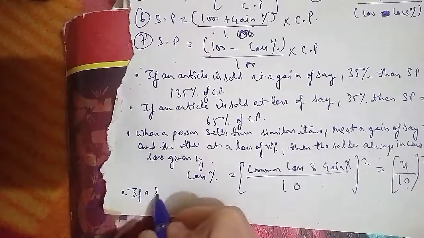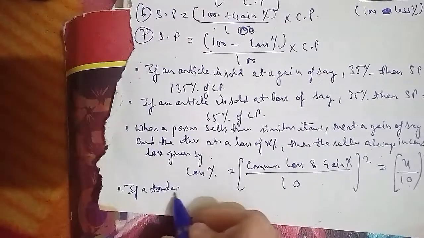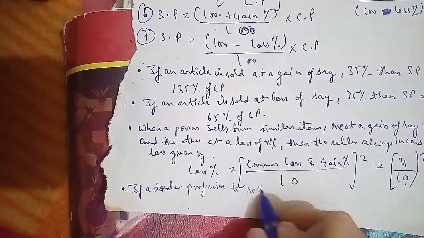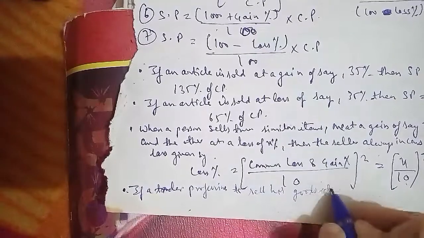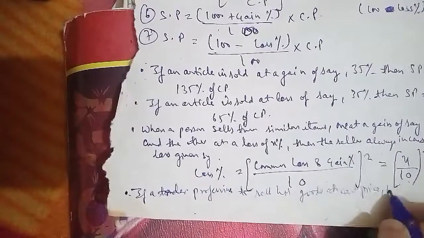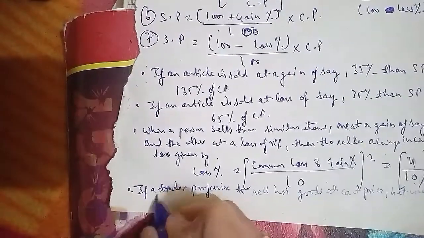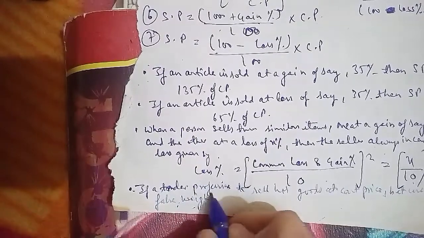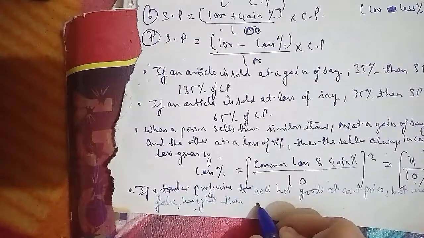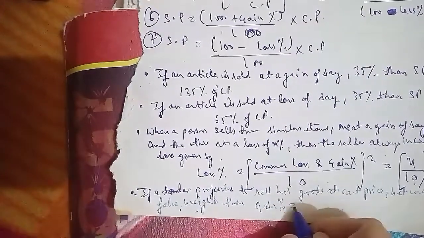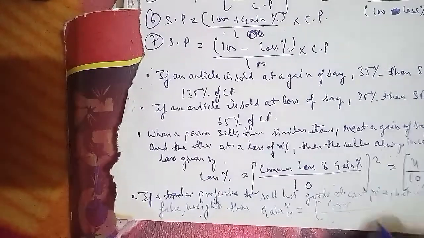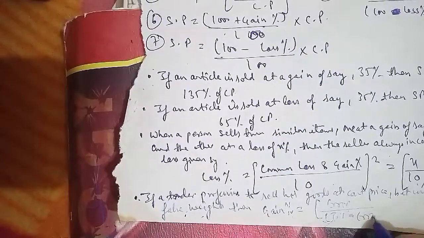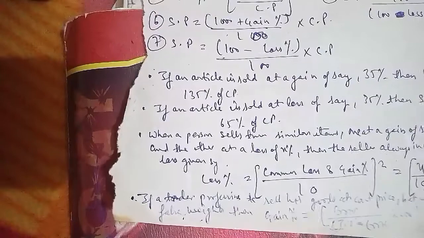If a trader professes to sell his goods at cost price but uses false weight, then the formula is: gain percent is equal to error upon true value minus error, into 100%. That is your formula.